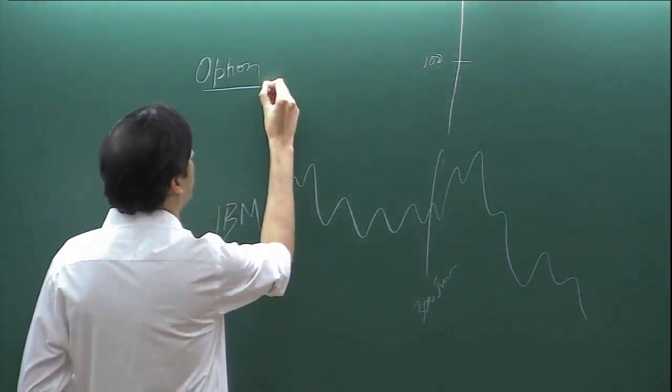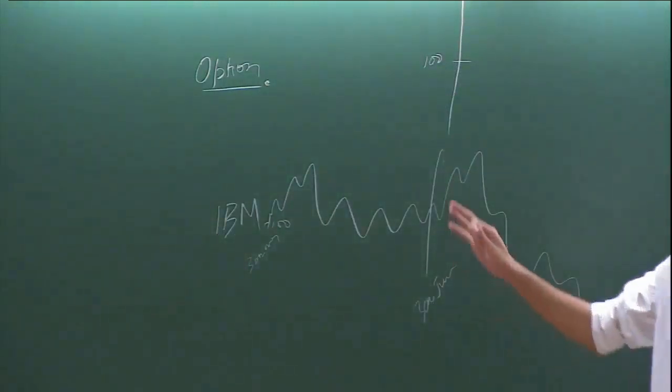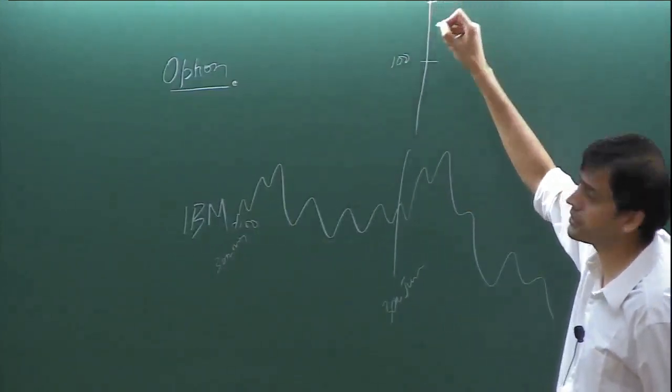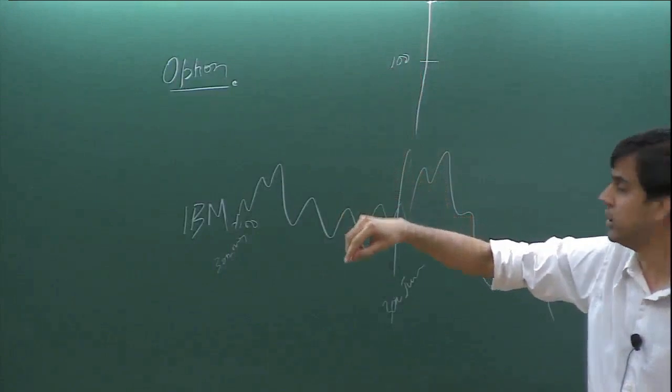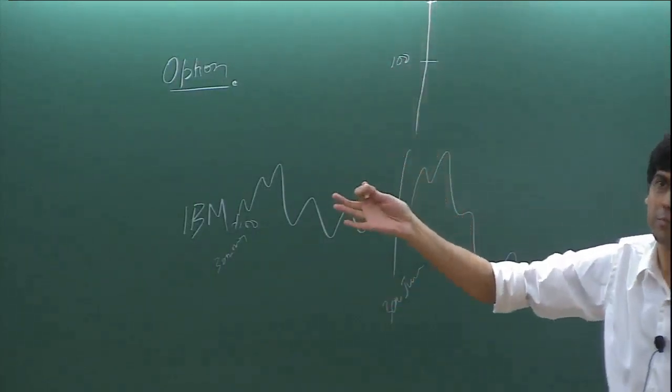So sitting here, what you are looking at is, in expectation, where are you going to land up, right? If you know that the stock price of IBM is going to land somewhere here, then the value of the option would be positive, right?